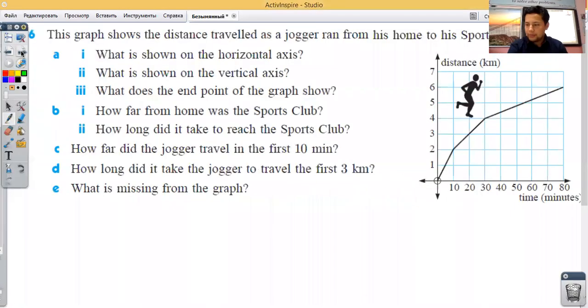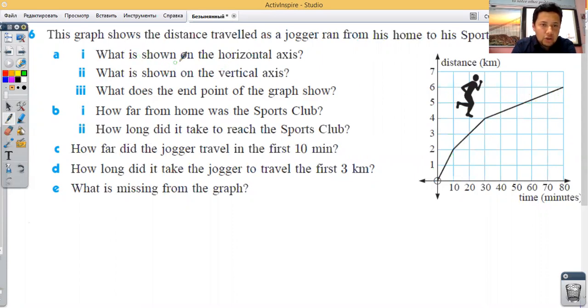Okay, so question number 6. This graph shows the distance traveled as a jogger went from his home to his sports club. Look, what type of graph is this? It is line graph.